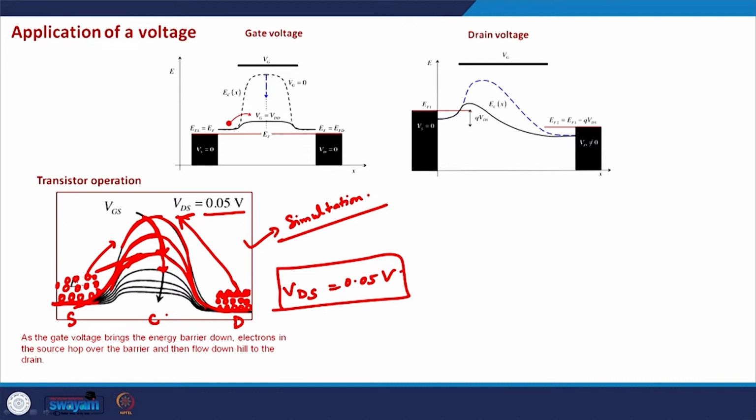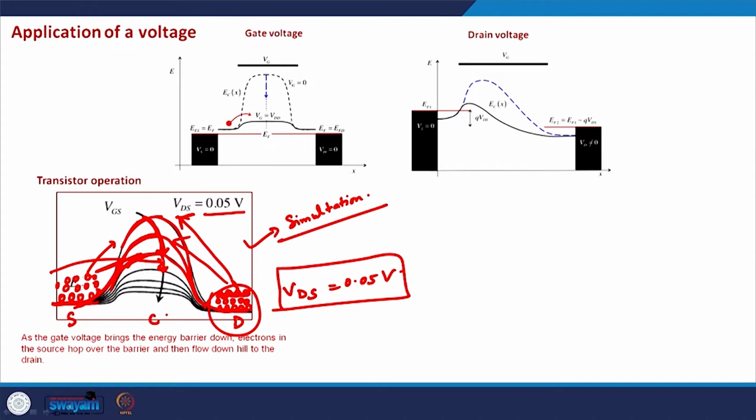So now it is not at all difficult for the electrons on the source side to cross the barrier, and if we apply a drain voltage, it will be relatively more difficult for the electrons on the drain terminal to cross the barrier. There will be this non-symmetric crossing of the barrier, and that's how a current starts in the system.